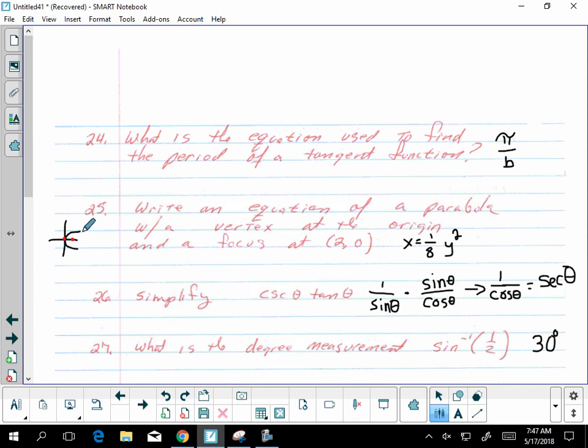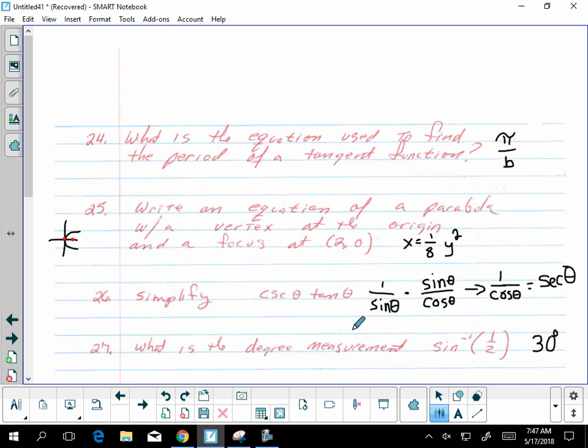So I automatically knew that this had to be a sideways one, opening to the right, so that number in front is going to be positive. My a is 2. Then you look at that formula, I think it's 1 over 4a. 1 over 4 times 2 gives me 8. So the equation is just going to be x equals 1/8 y squared.